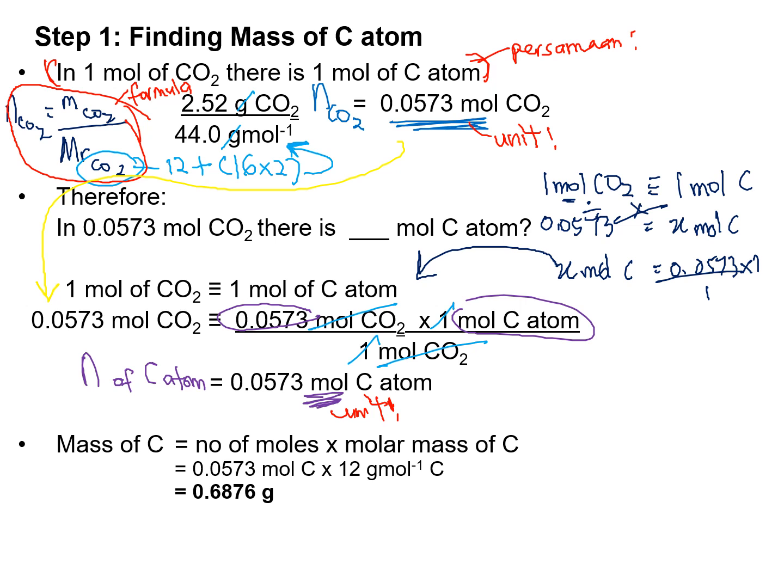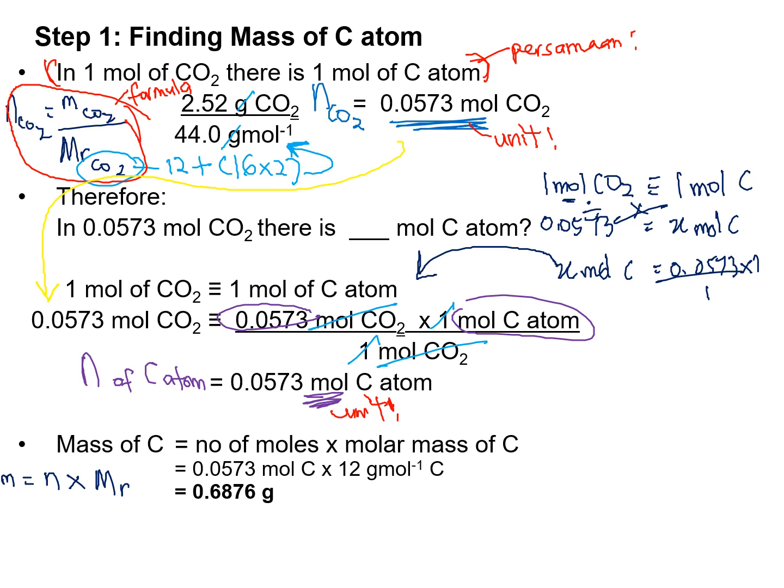Alright, next ialah for you to find the mass of carbon. Nak cari mass of carbon, okay, you tahu kan, before this, you tahu number of mole is equals to mass over molar mass. Nak cari mass, number of mole kena kalikan dengan molar mass. Okay.